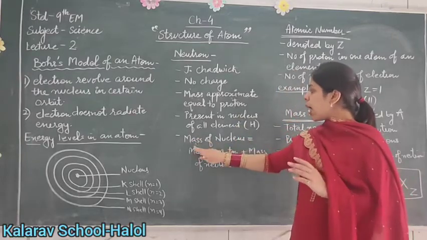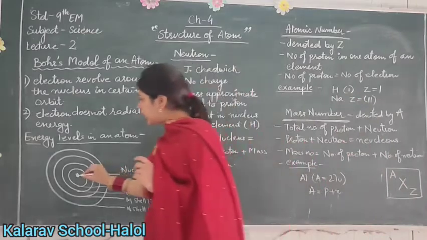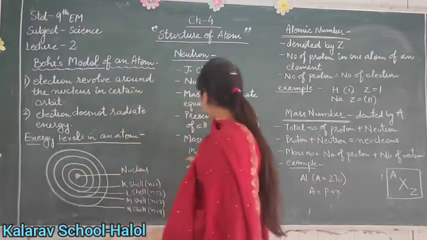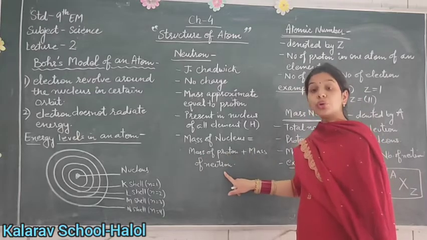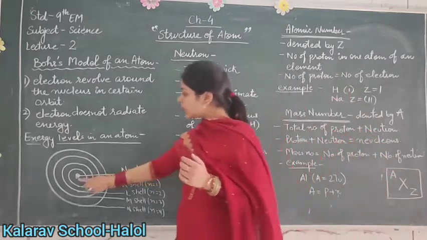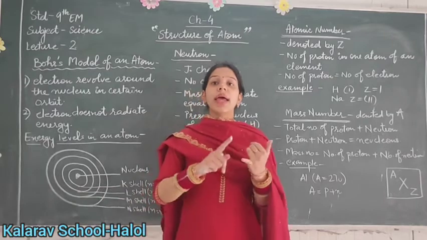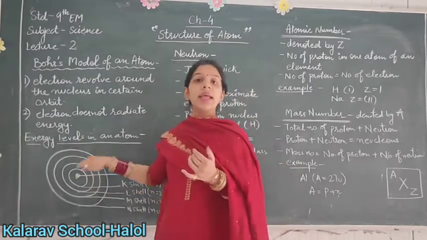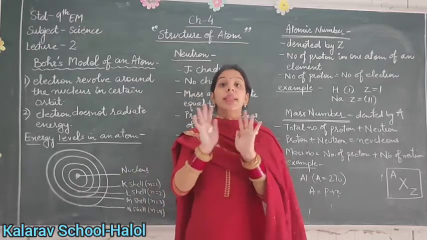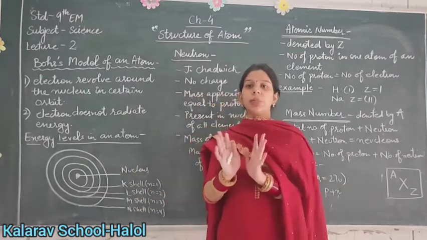Next is the mass of the nucleus, which equals the mass of protons plus the mass of neutrons. So the nucleus contains protons as well as neutrons and the outer shells contain electrons. So the atom consists of three subatomic particles.